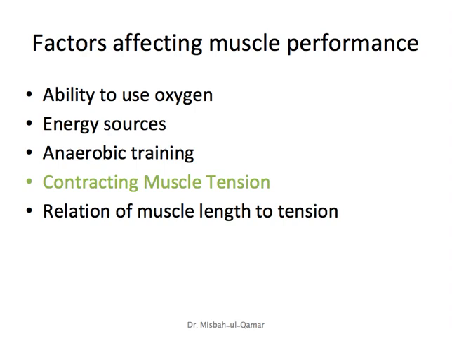There are certain factors affecting muscle performance. Skeletal muscle performs better when it is regularly exercised, for the reason that with regular aerobic exercise, skeletal muscles are trained to improve their ability to use oxygen.